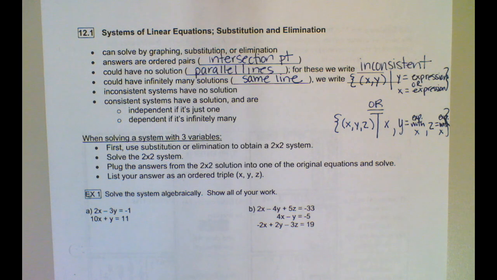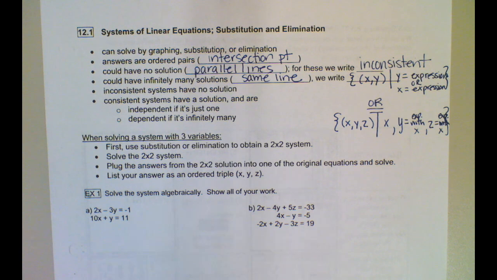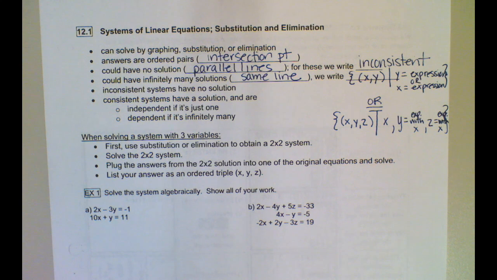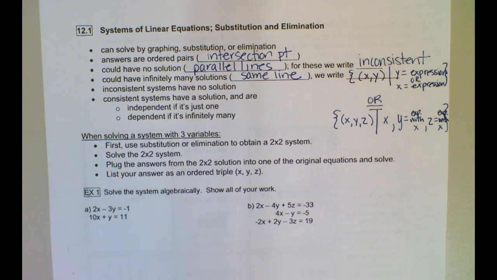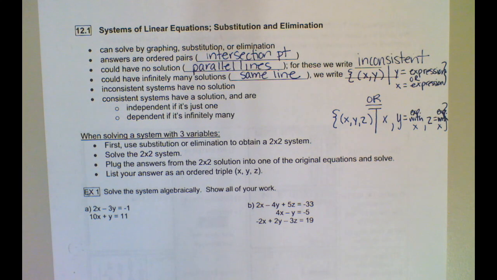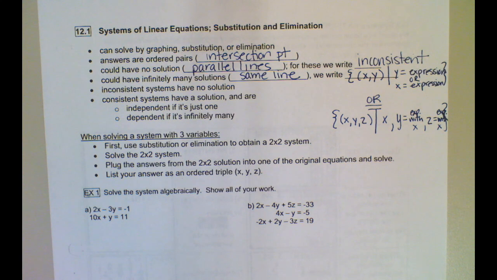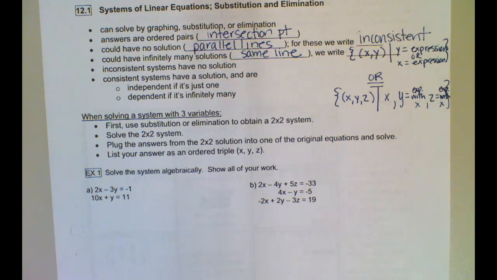I almost always use elimination unless I have equations that already don't have some of my variables. Because if some of your equations only have an x or only have a y or only have an x and a y, then taking advantage of that can make it less work. And I tried to pick examples that would kind of illustrate that as we go.